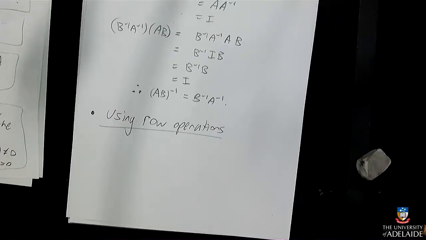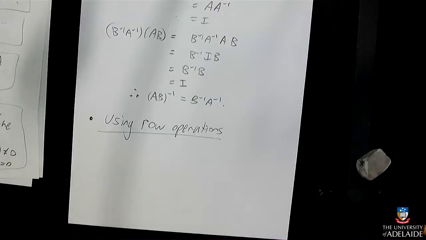So if you do a row operation on a matrix that's invertible, the new matrix will still be invertible. And if you do a row operation on a matrix that isn't invertible, the new matrix will still be not invertible. And so we can tell if a matrix is invertible. Instead of calculating its determinant, we can keep doing row operations until we get to a stage where we can tell whether the matrix we get is invertible or not.